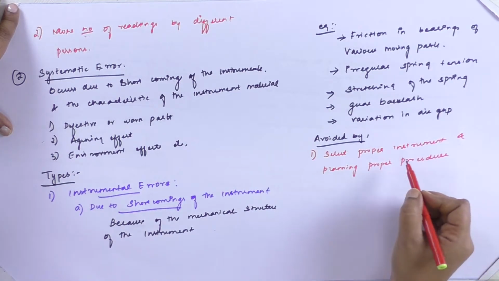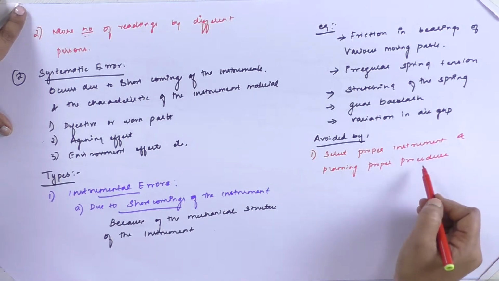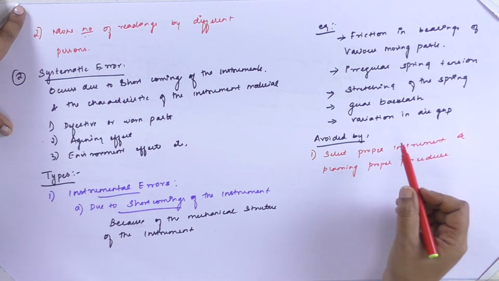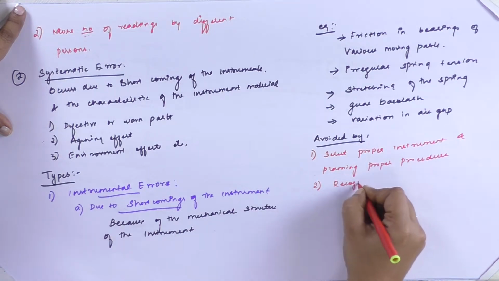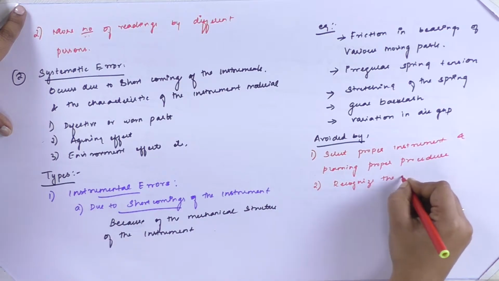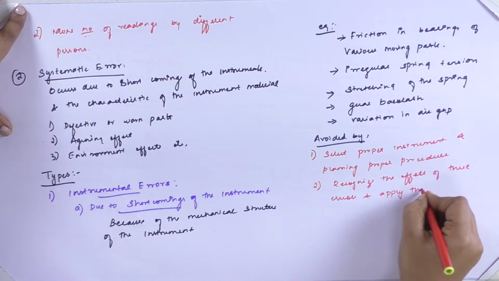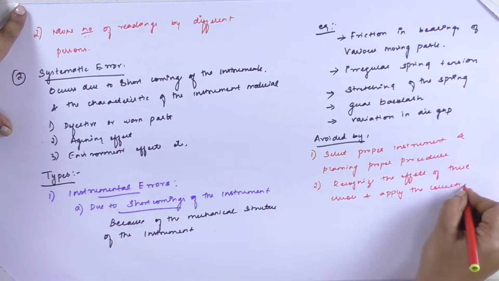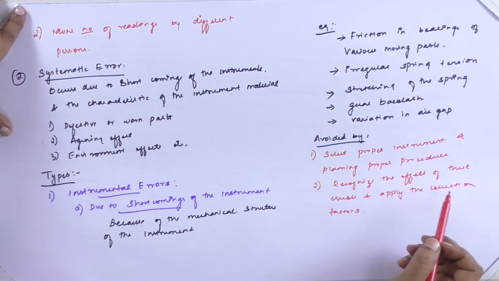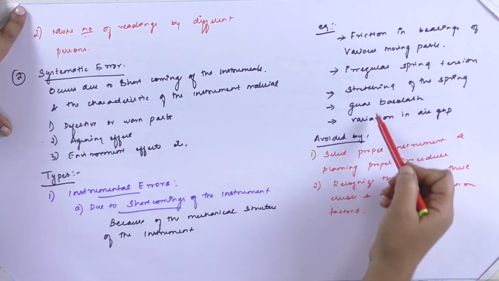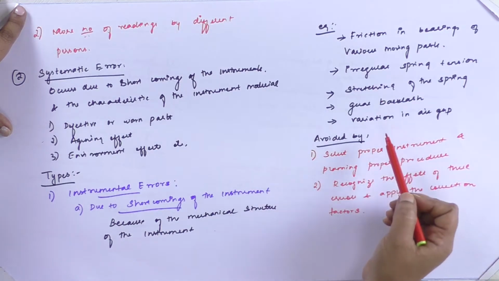For measurement we have to select a proper instrument and a proper procedure must be followed for taking the measurement, so that we can avoid this instrumental error. Second one, we have to recognize the effect of these errors and apply the proper correction factors in order to avoid these errors.